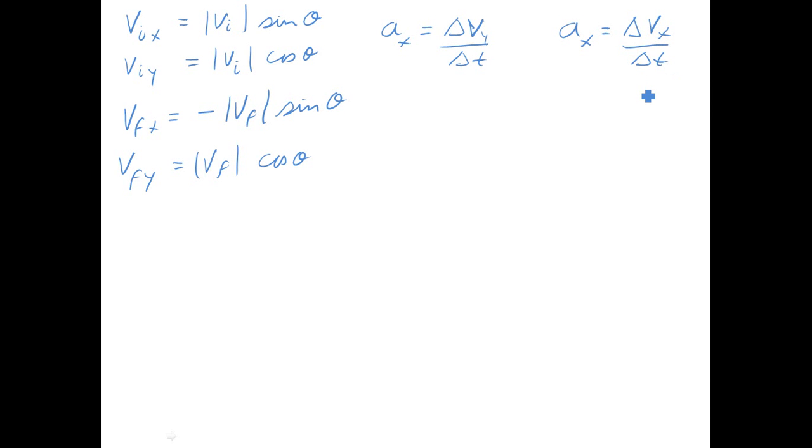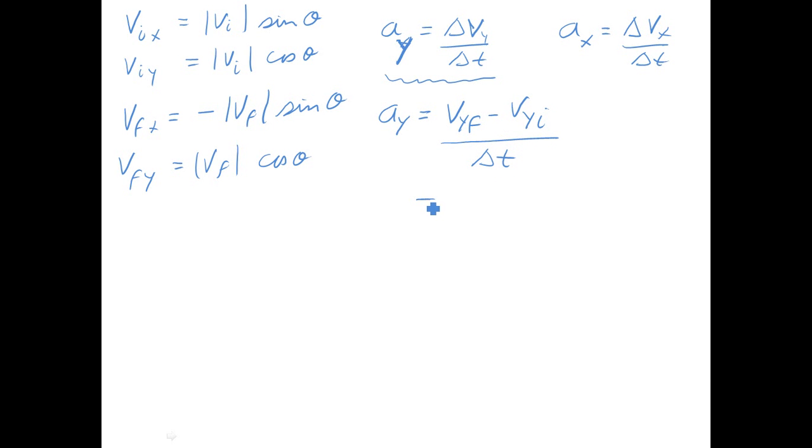These guys are x. Let's look at y for just a second. A y, acceleration in the y direction, has to equal velocity y final minus velocity y initial over delta t.